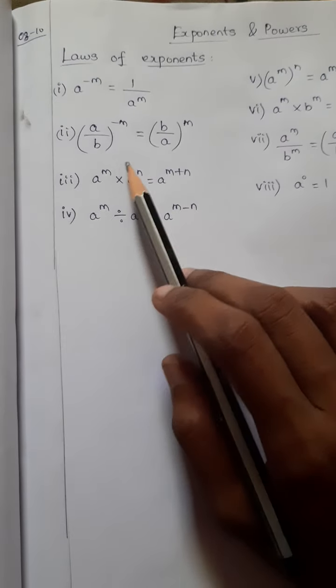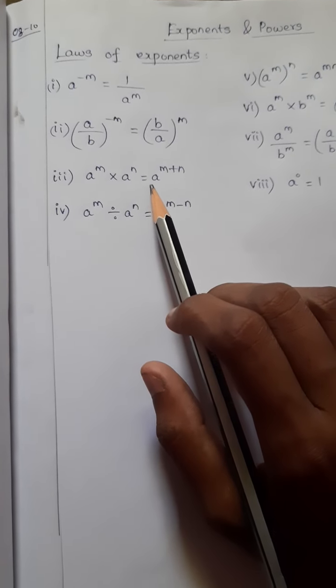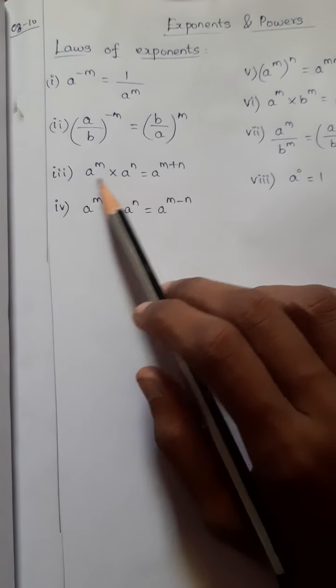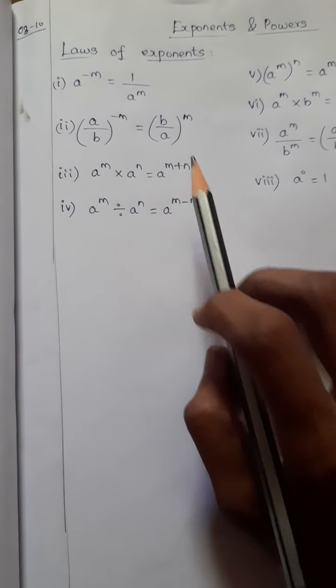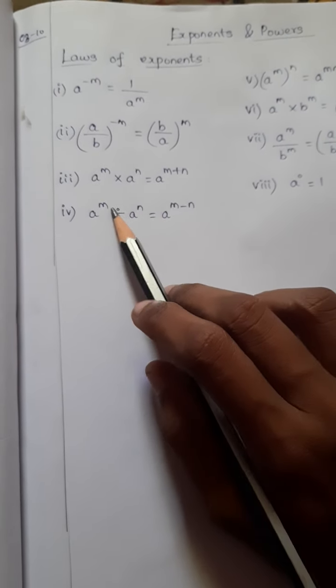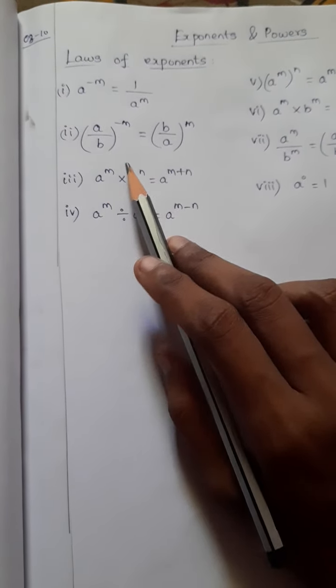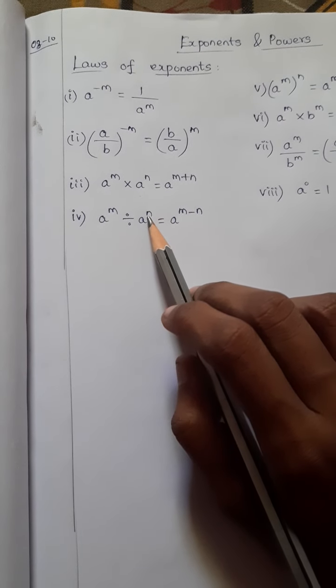Now the next law is a power m into a power n is equal to a power m plus n. If the bases are same, in multiplication, powers can be added. In division, if the bases are same, powers should be subtracted.